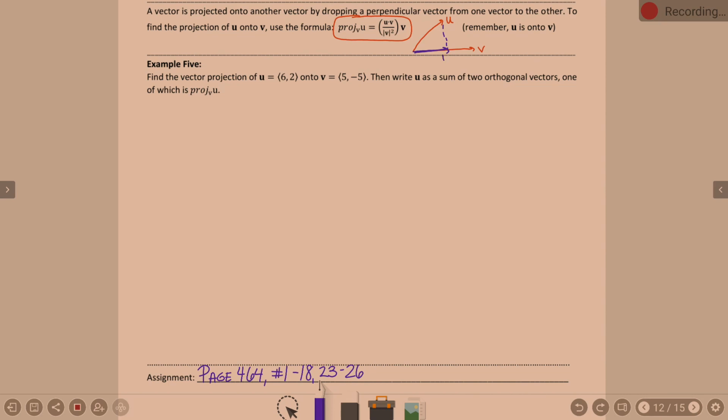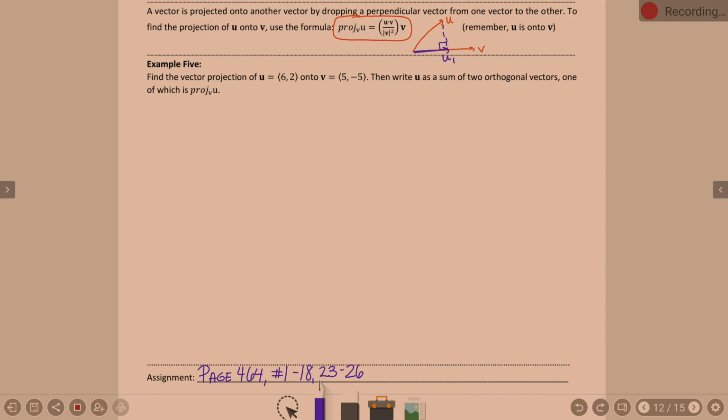You would often call this u1, because it is a projection of vector u. And this would represent a right angle there. So that's the idea of what a vector projection is doing.